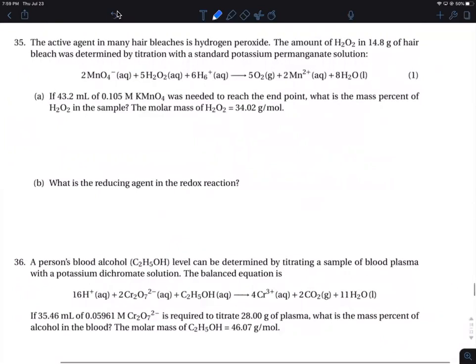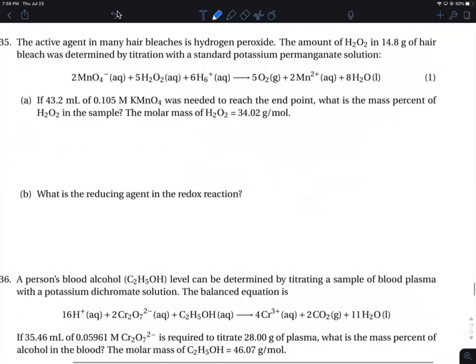We have to take a couple of steps to get there. So let's start out with what we have. This many milliliters is the same as 0.0432 liters. Convert that into moles by multiplying by the molarity.